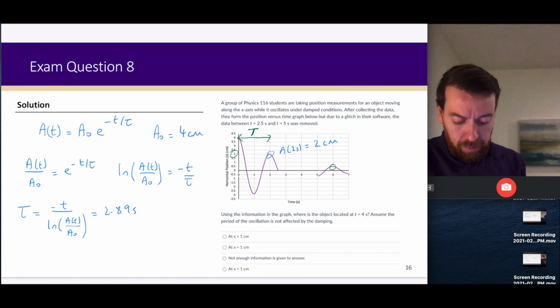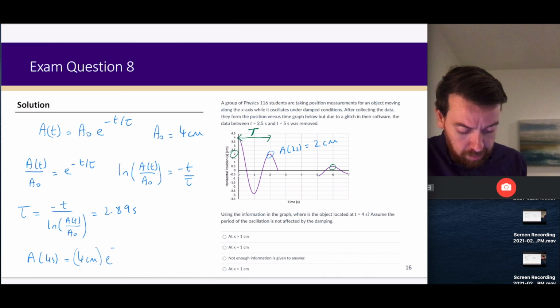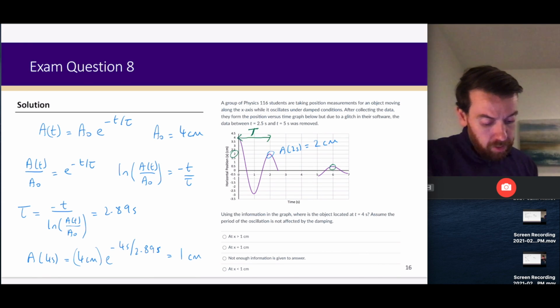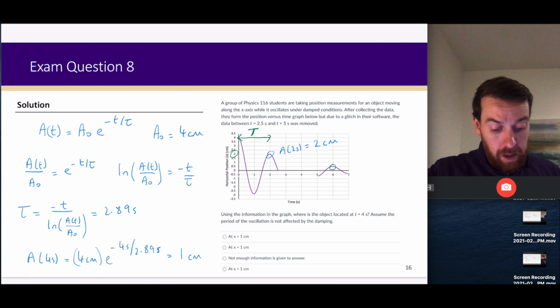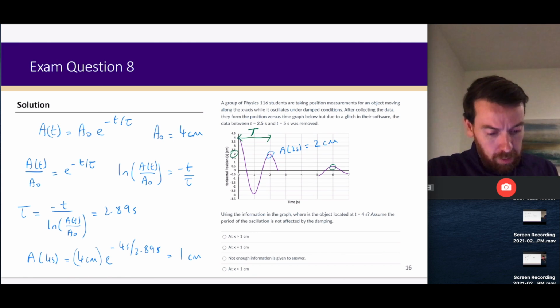And then we can solve for A at 4 seconds to be equal to 4 centimeters, that's the A0, times e to the minus 4 seconds over 2.89 seconds, the tau that I have here, and it turns out to be exactly 1 centimeter. So the object is located at x equals 1 centimeter.